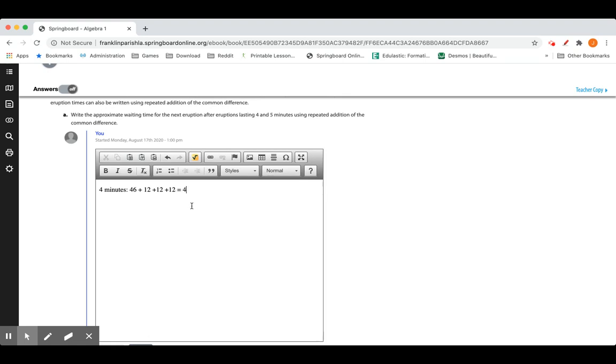That's the same thing as 46 plus 12 times 3. It's the same thing as 46 plus 36. 46 plus 36 equals 12. 6 and 6 is 12. Add the 1, carry it. So that'll be 82.